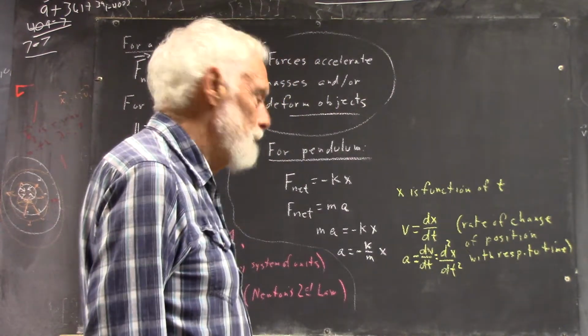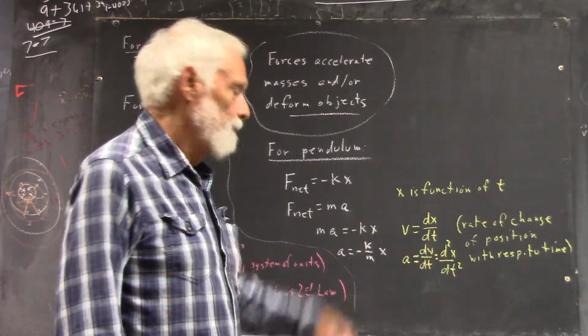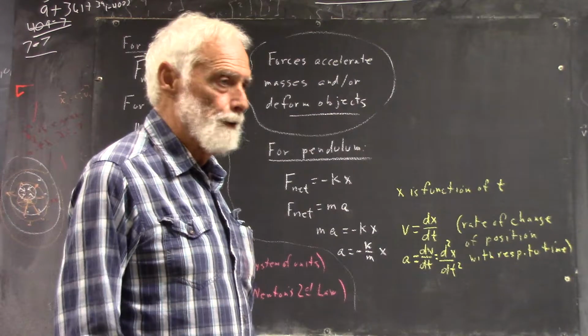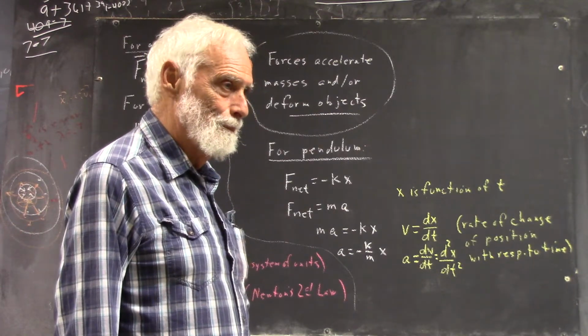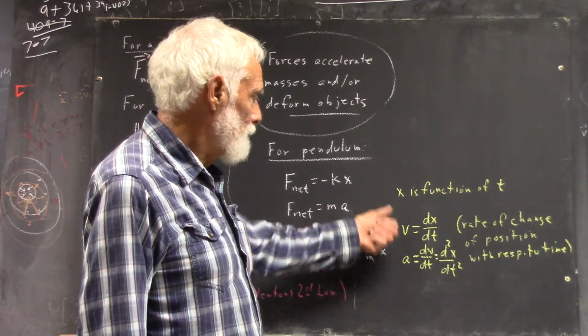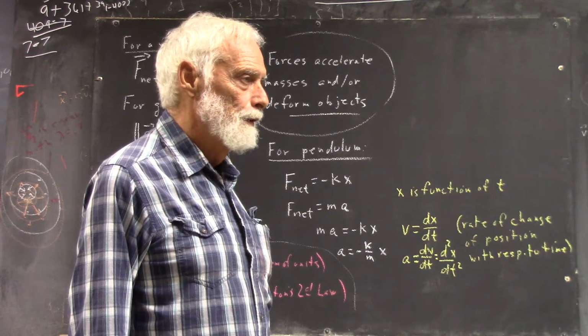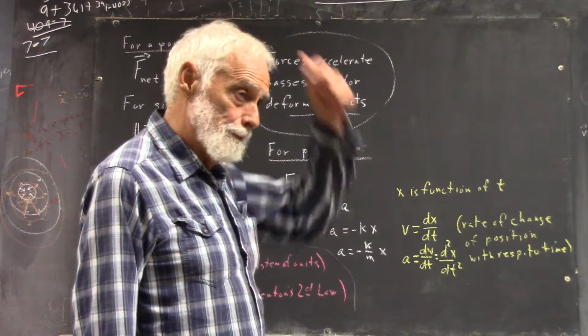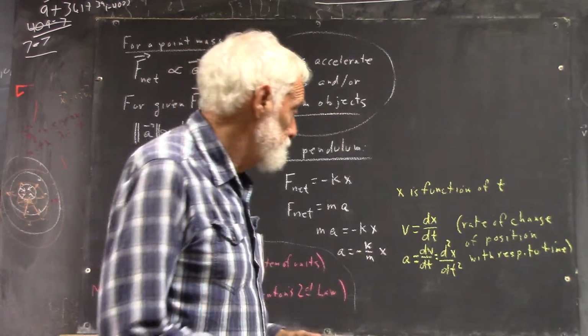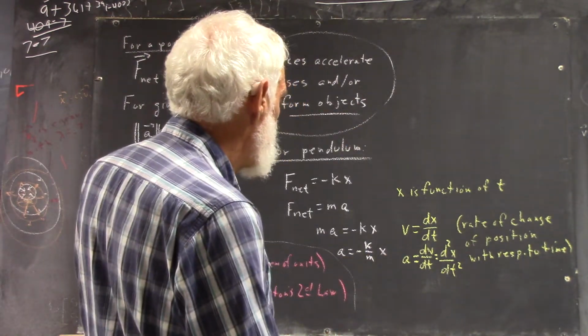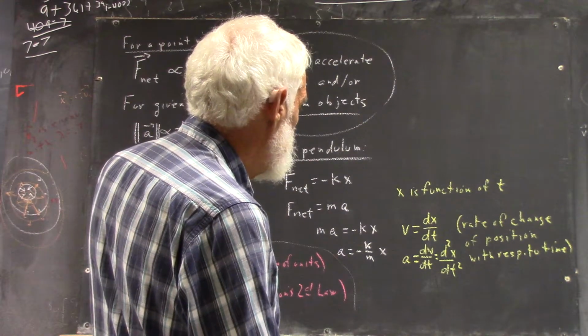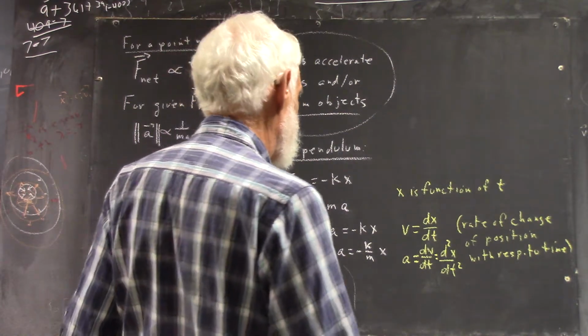Now, everything I've done up to here is not calculus. So now I've got a short interlude of calculus that leads us to a lot of other stuff. And the calculus is going to be this.